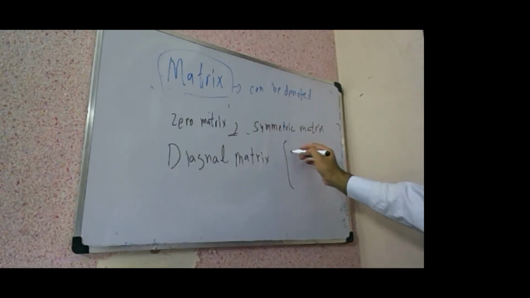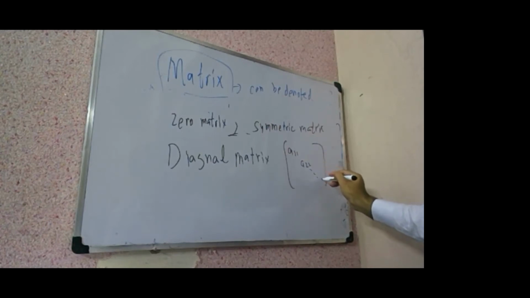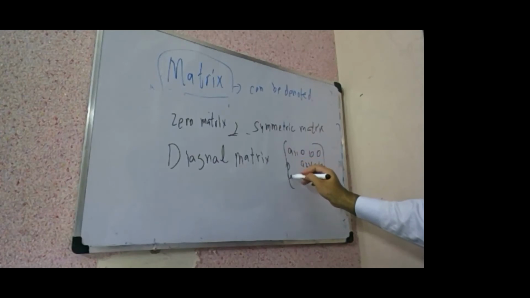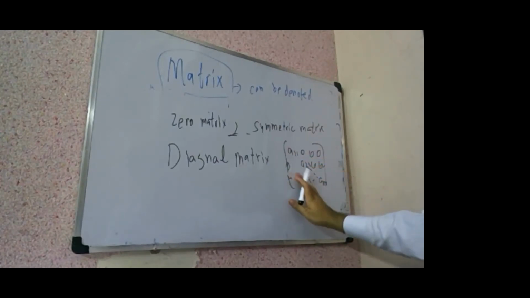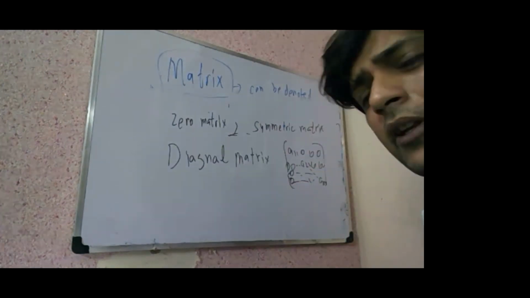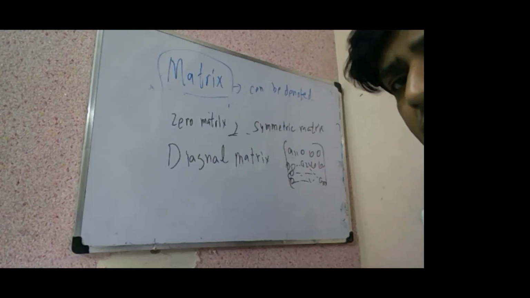A diagonal matrix, for example, you have some numbers a, 2, 2, and so on, and the rest of the numbers are 0, 0, 0. So except for the diagonal, every other number is 0.